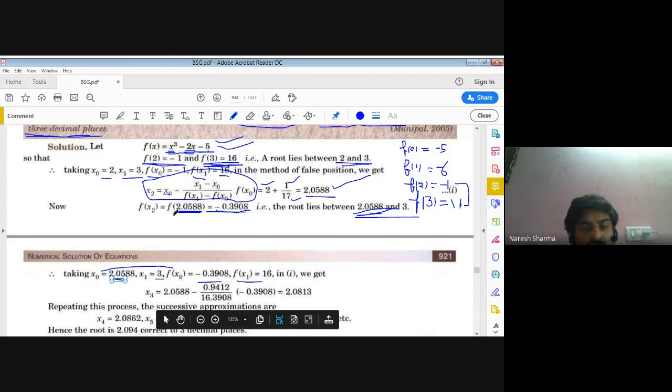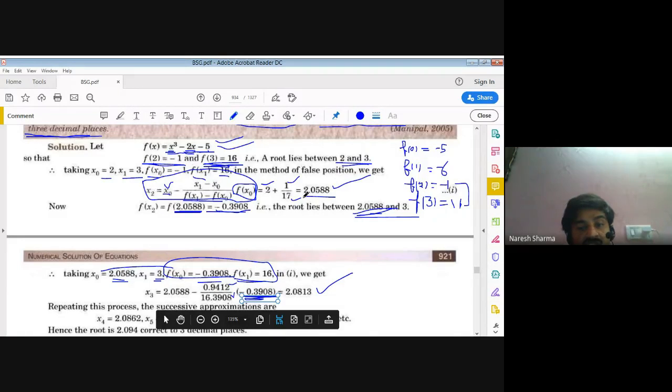So just put in the formula: 2.0588 minus the difference between 3 and 2.0588, divided by f(x1), that is 16, minus f(x naught), as per the formula, multiplied by f(x naught). Now just a simple calculation.